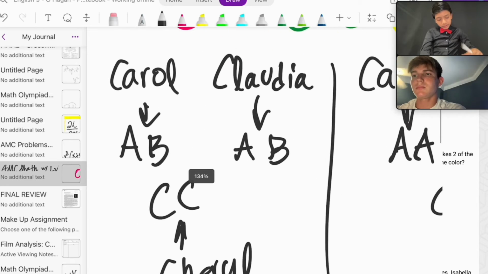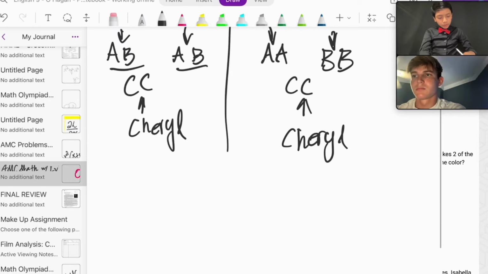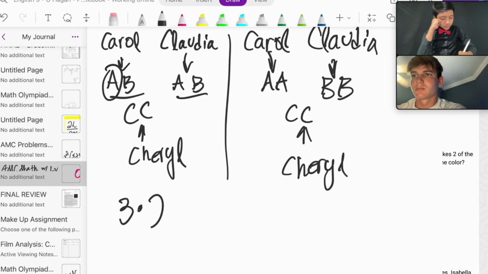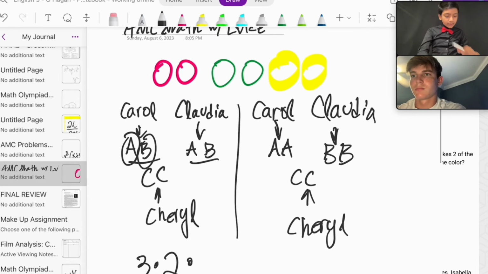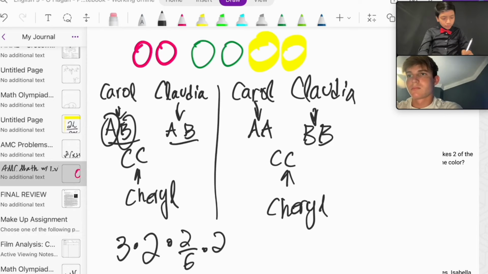So what's the probability of this one happening? Well, there are 3 possibilities for what the first one could be. First, different marble. 2 possibilities for what the second one could be. And then the probability of them taking those 2 exactly out would be 2 over 6 times 2 over 5, I'm pretty sure.